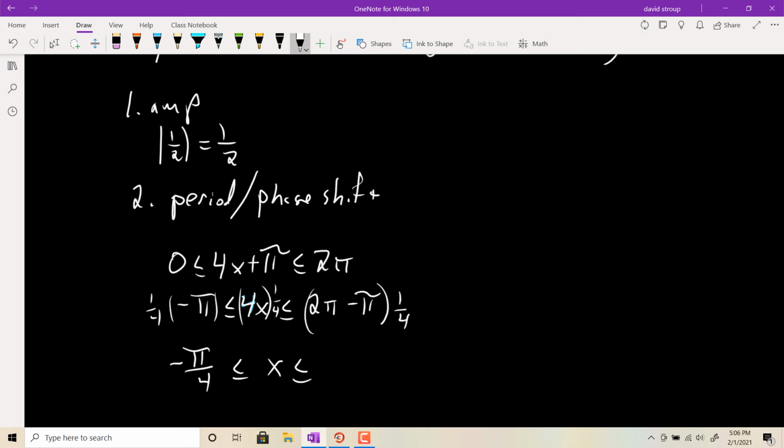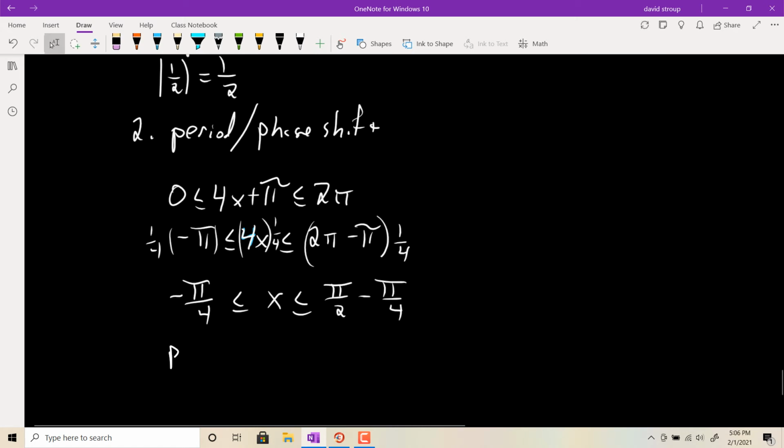So yeah, the phase shift is negative pi over 4. And the period, 2 pi over 4, is pi over 2. So the period is pi over 2, and the phase shift is negative pi over 4.